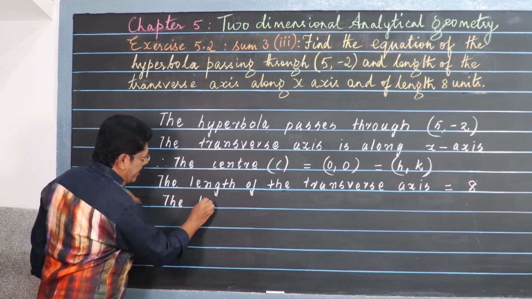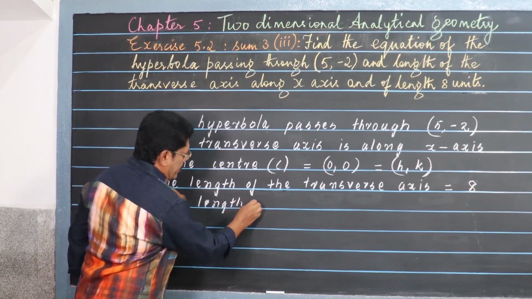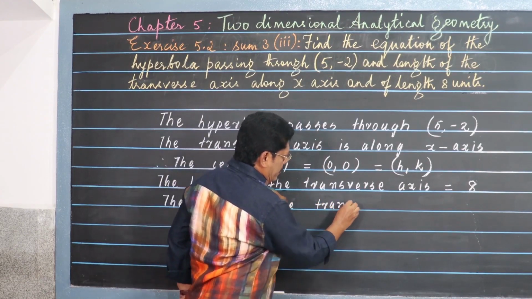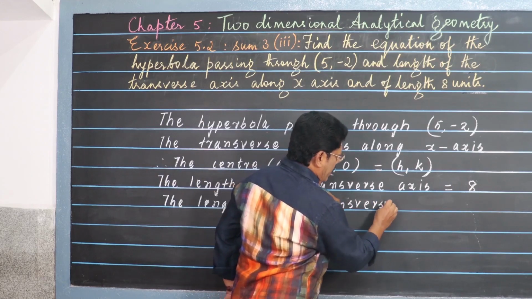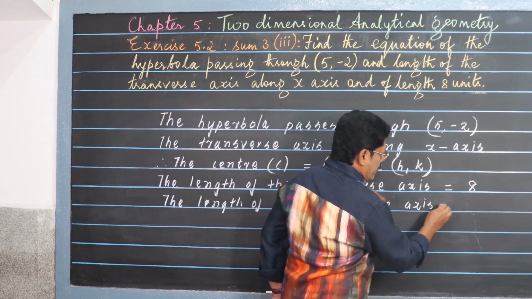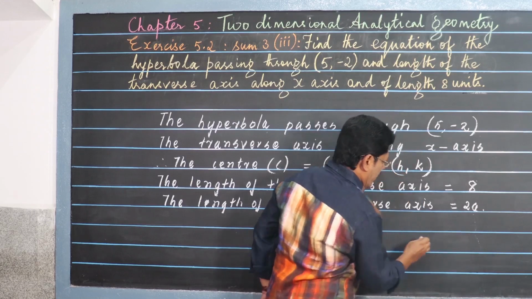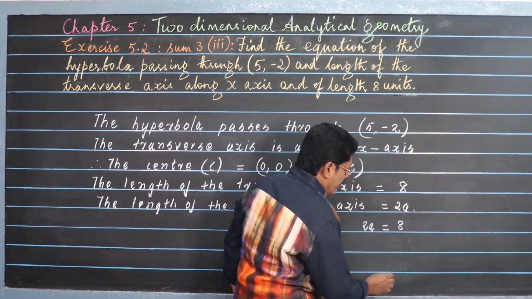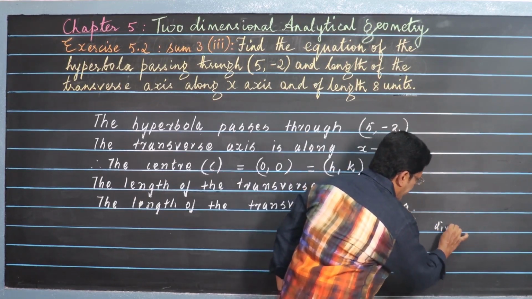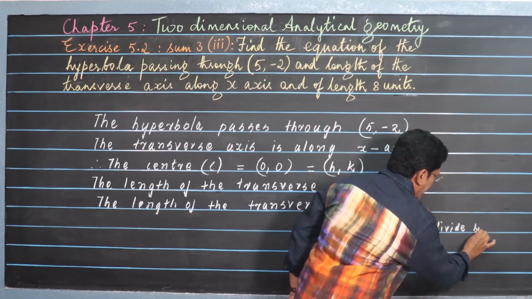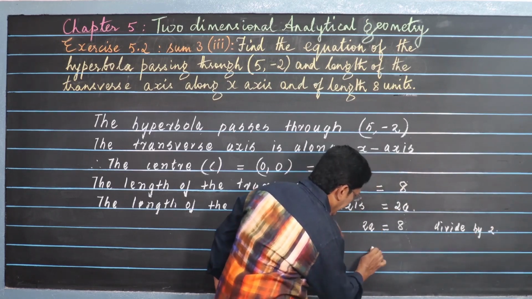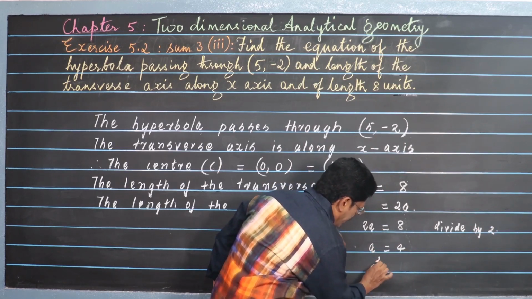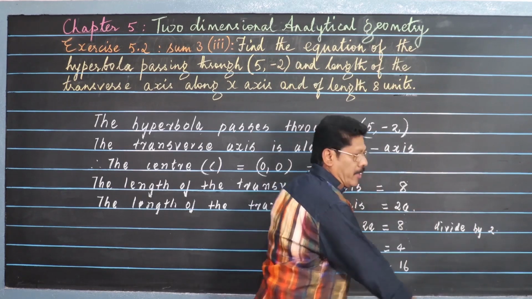Therefore, the formula for the length of the transverse axis is equal to 2a. 2a is equal to 8. Dividing this equation by 2, you will get a is equal to 4. Therefore, a squared is equal to 16.